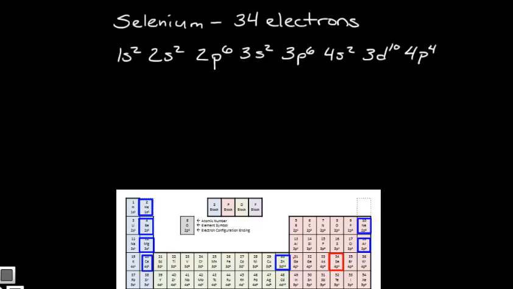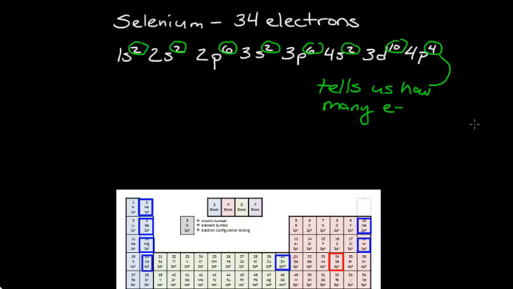So for this, when we look at our exponents here, 2 plus 2 is 4, plus 6 is 10, plus 2 is 12, plus 6 is 18, plus 2 is 20, plus 10 is 30, plus 4 is 34. So this exponent tells us how many electrons there are in each of these sections.